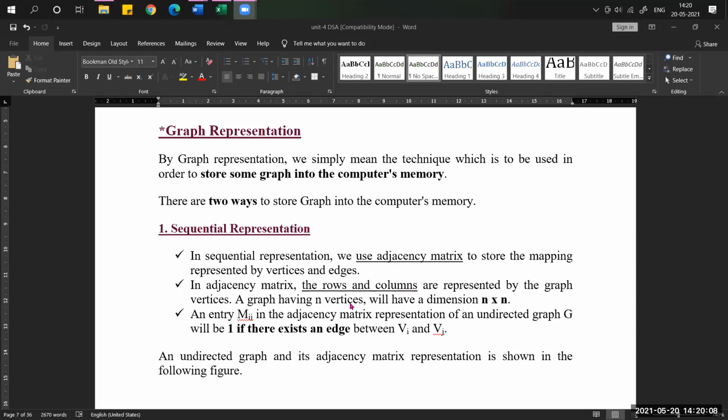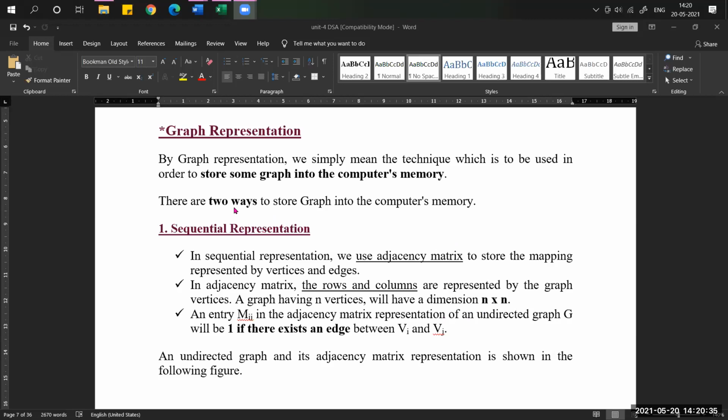If you take n vertices present in a given graph, then the dimension is n cross n. It's like a square matrix. For example, for a graph having 5 vertices, the dimension of the matrix is 5 cross 5.